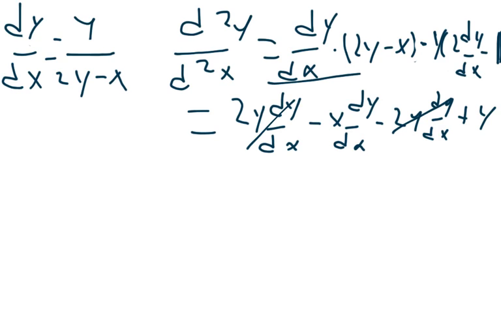Everything should be over g squared, so it will be over 2y minus x squared. Yeah, over here too.